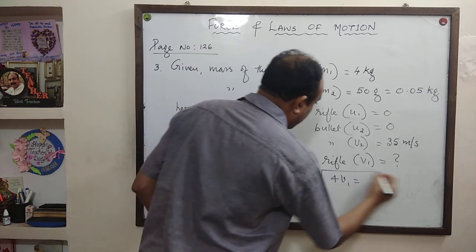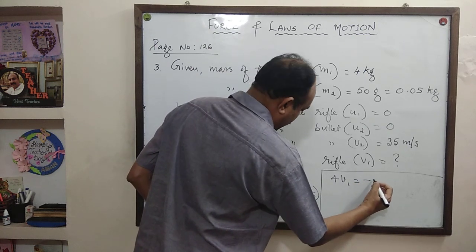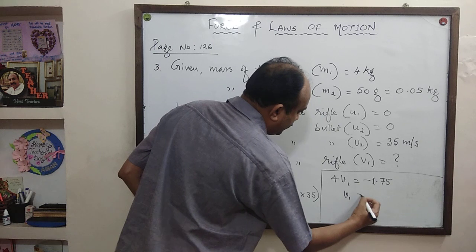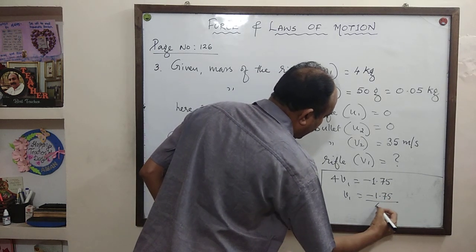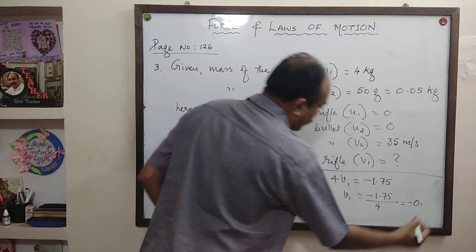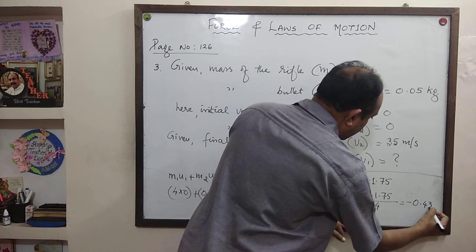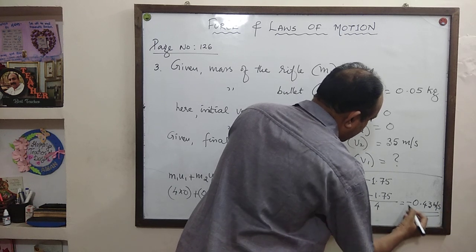So 4V1 is equal to minus 1.75, V1 is equal to minus 1.75 upon 4 is equal to minus 0.43 meter per second.